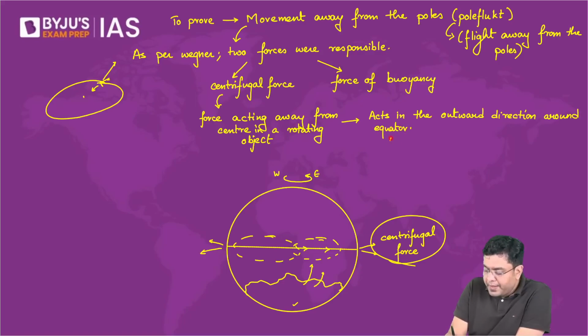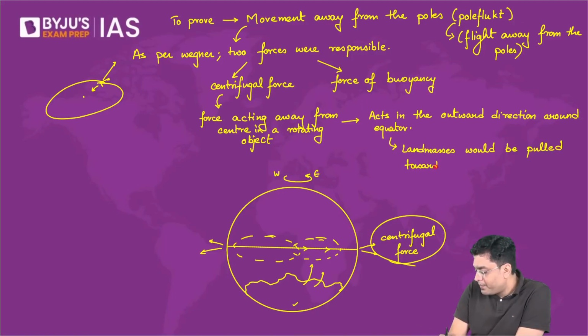So land masses would be pulled towards the equator, right?